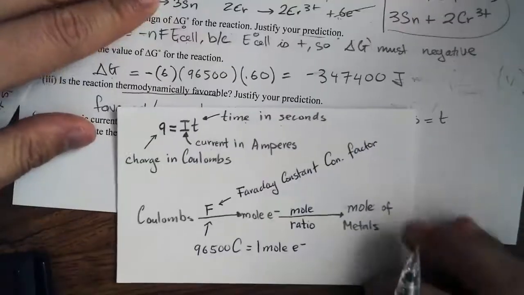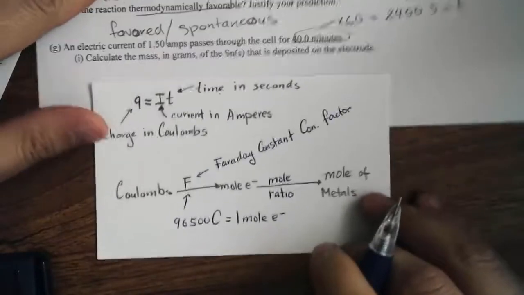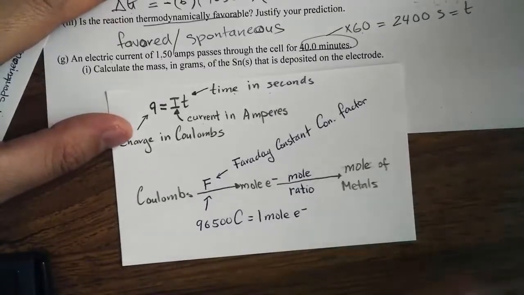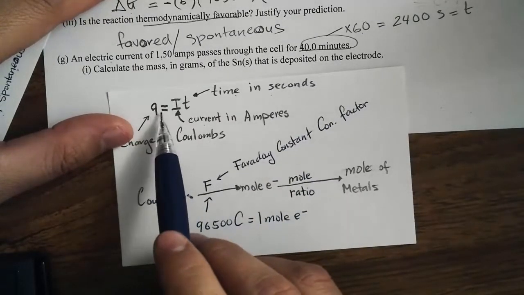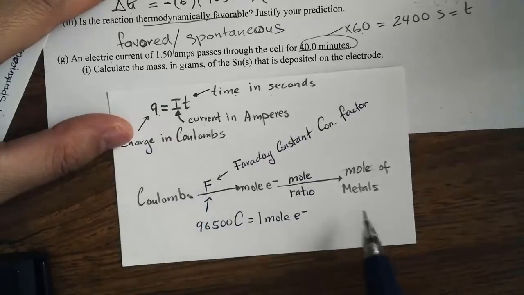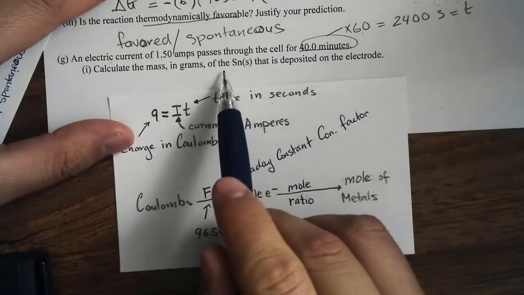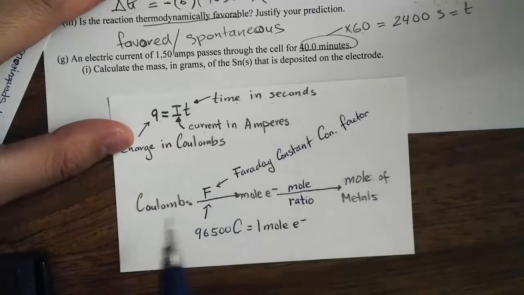But before we solve the problem, let's go back and look at the flow of information and the plan to solve this problem. Why do I care about this equation? That is because in order to solve this problem in terms of the mass of the metal being deposited, we have to solve for coulomb. Because here's the pattern.